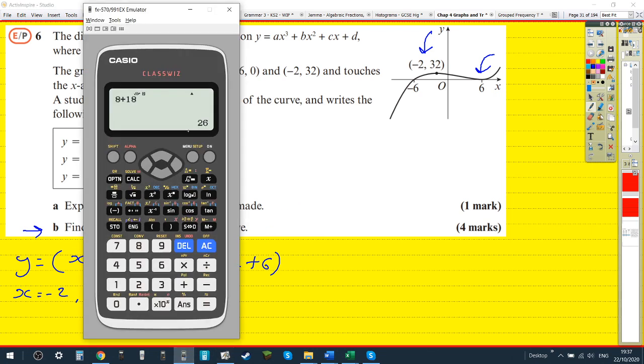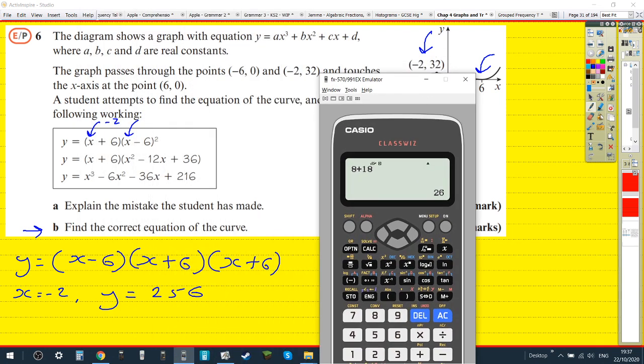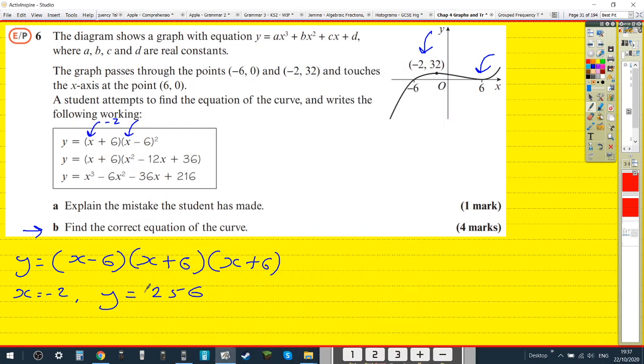Oh, you can divide it by 8. Divide by 8 works, does it? Yeah. So 32. How does that change our equation?